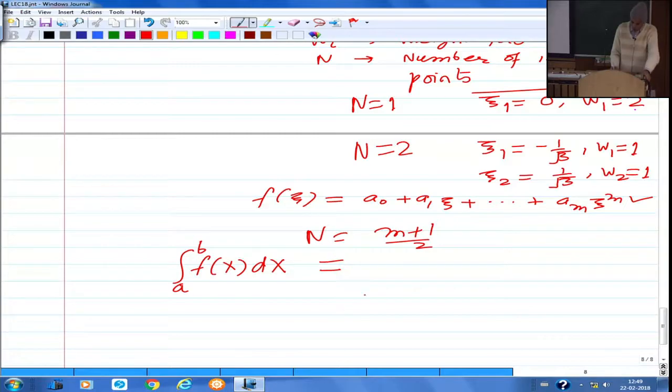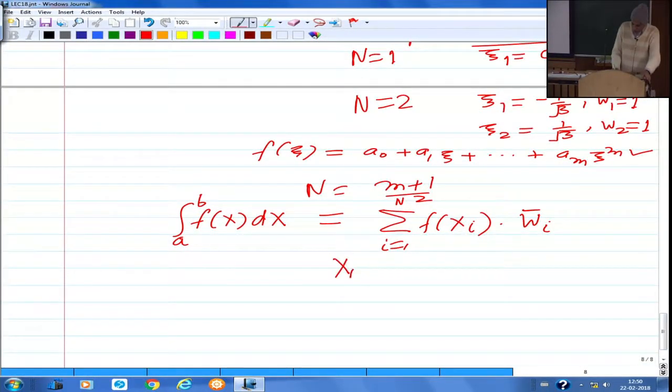I am using a bar for this x separately, where your xi would be whatever we have got there. The relationship between x and xi I can write in general: x would be equal to the lower limit plus upper limit by 2 plus (b minus a) by 2 into xi. The detailed derivation I am not doing at this stage.